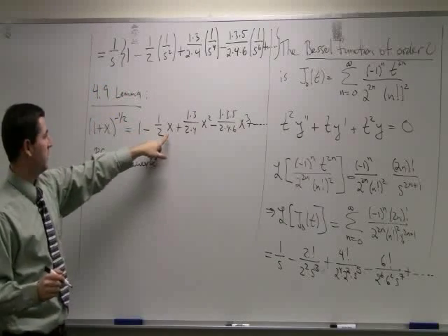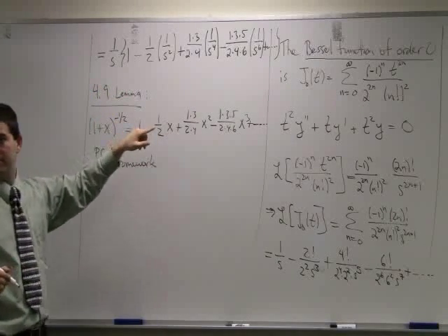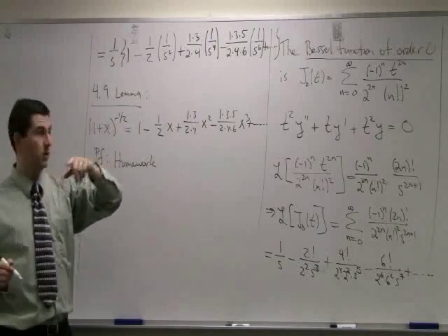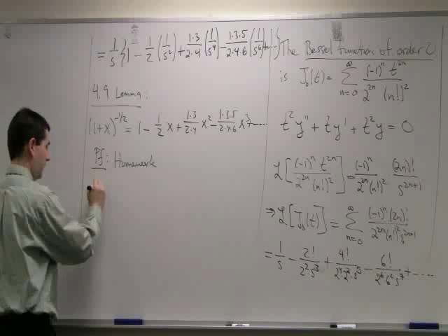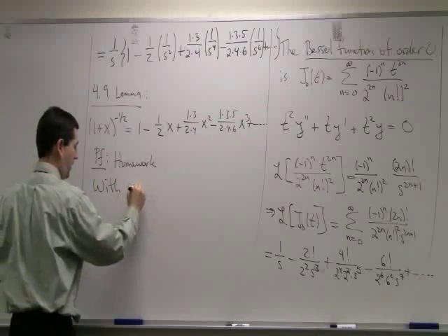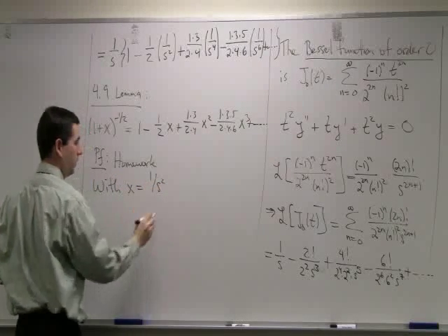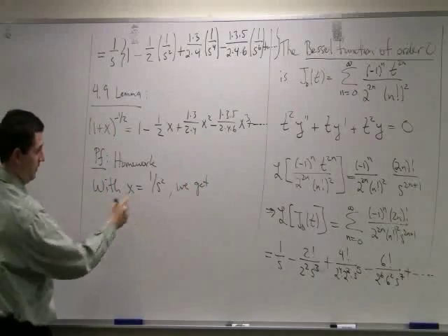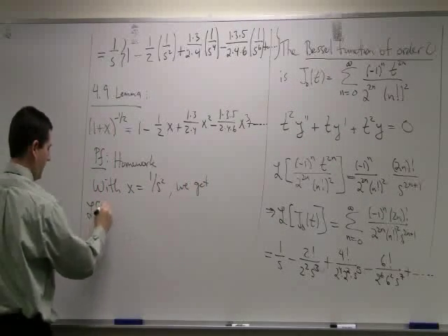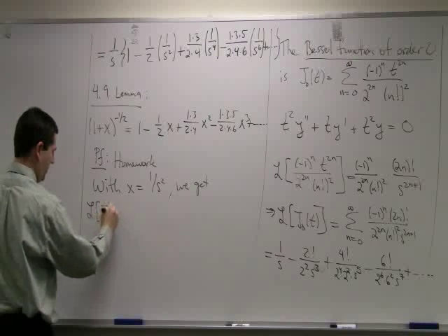Just what do I have to replace x with? 1 over s squared. So with x equals 1 over s squared, we get that, well, let's see, this was the Laplace transform of J0 t.